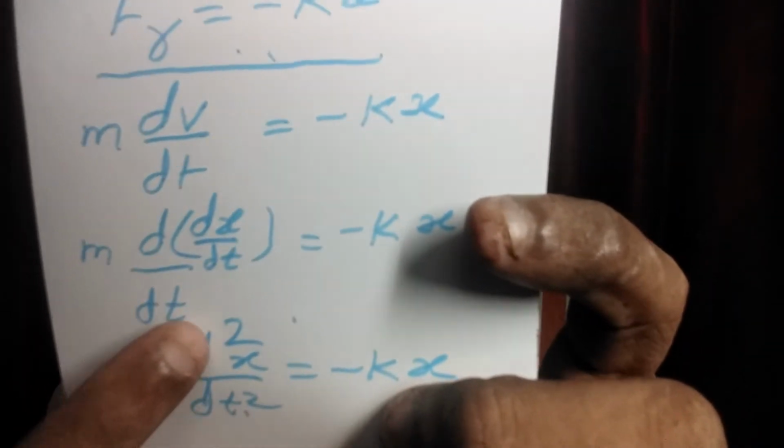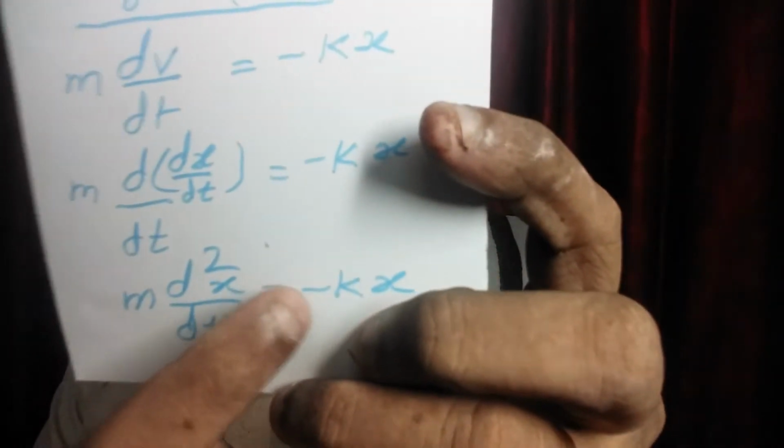So, m into d square x by dt square equals minus kx, or d square x by dt square equals minus k by m into x.